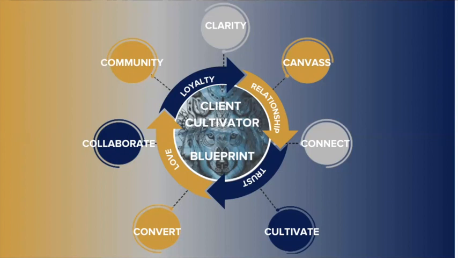And so the outcomes that we have, if you look at this blueprint, is we have relationships, we have trust, we have love, and out of that, we have loyalty. And so this is the Client Cultivator Blueprint that is ultimately, in generic terms, a sales funnel. But I would like us to think about replacing the word sales with the word relationship.